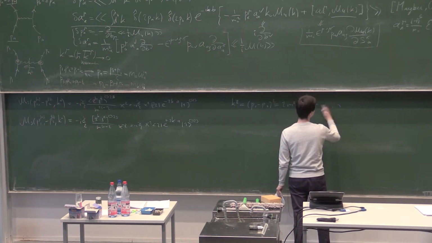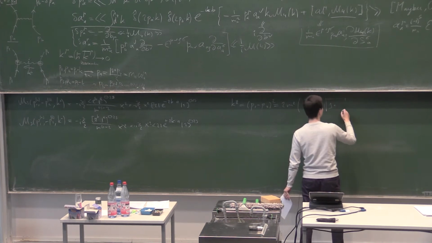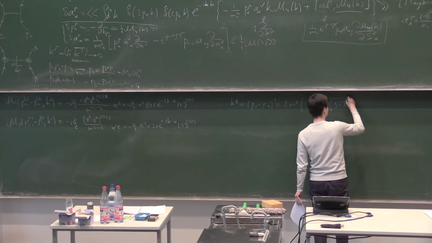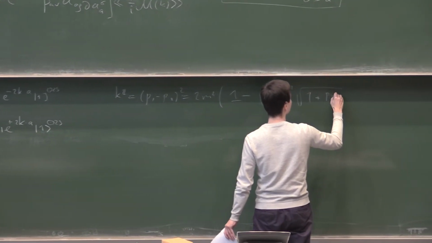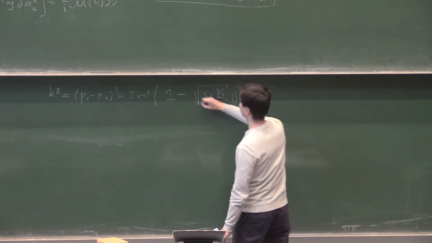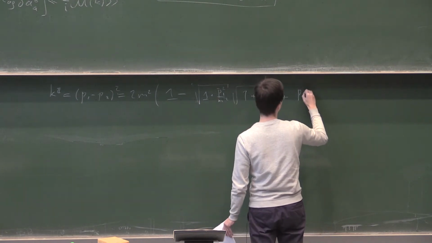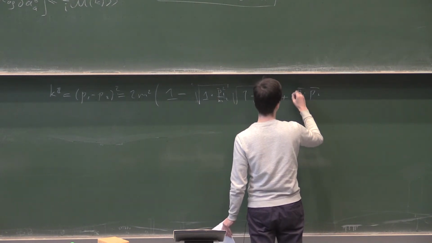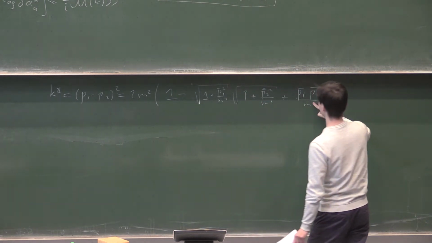And p1, p2 is over m squared. p1 m squared, p2 m squared, and plus p1, p2 as 3 vectors, m squared.